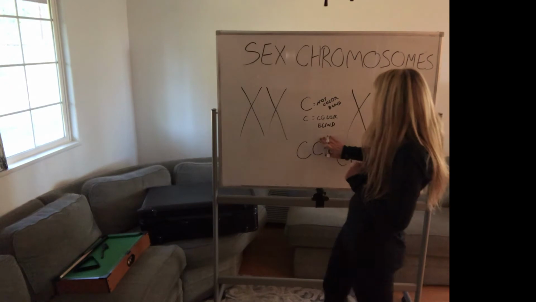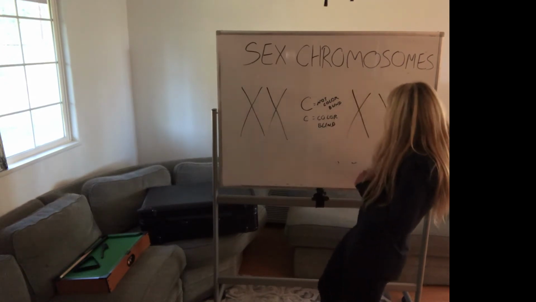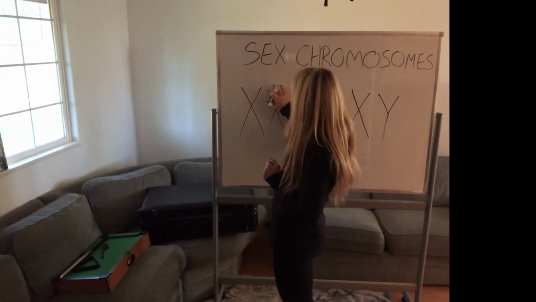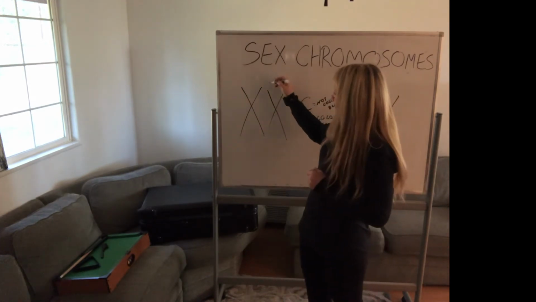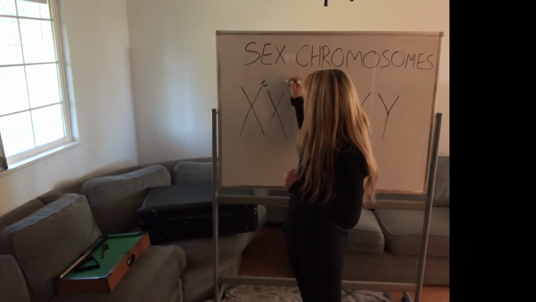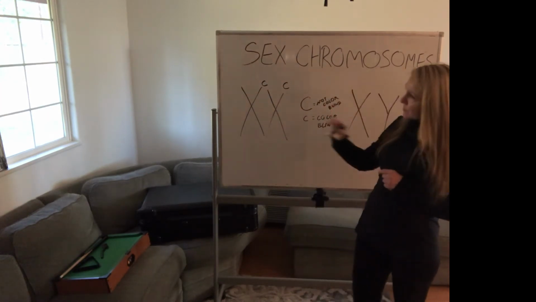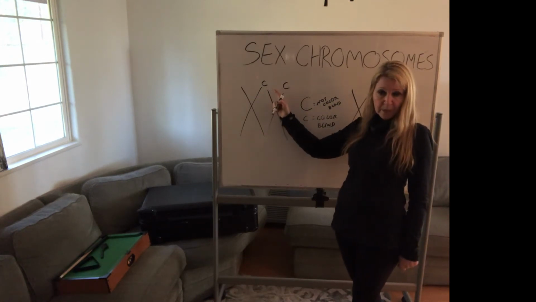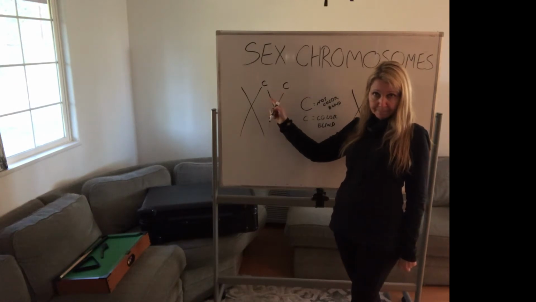So if a female, and we indicate it by using like an exponent. So a sex-linked trait, we're going to put, let's say this is a big C and this is a big C. So this is a female that is not colorblind. Actually, a homozygous dominant female for colorblindness.